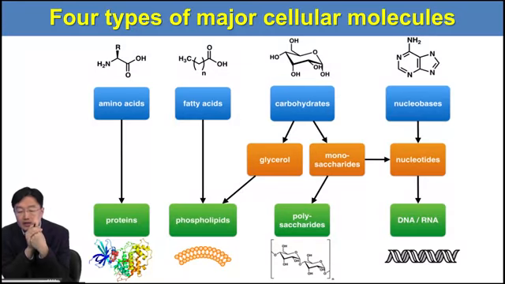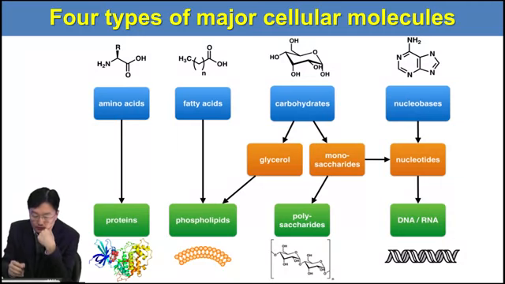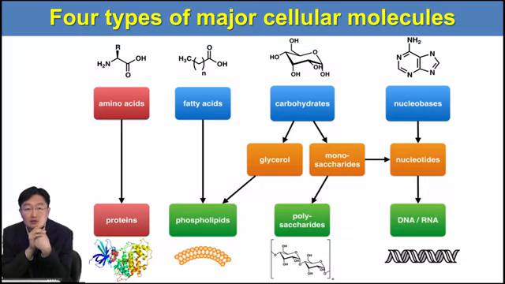There are 4 types of major macromolecules. The first one is proteins, and the building block is amino acid. The second class is lipids. In this diagram, I'm showing fatty acids, which through molecular interactions form a layer of phospholipids, the key constituents of your cellular membrane. The third one is carbohydrates.